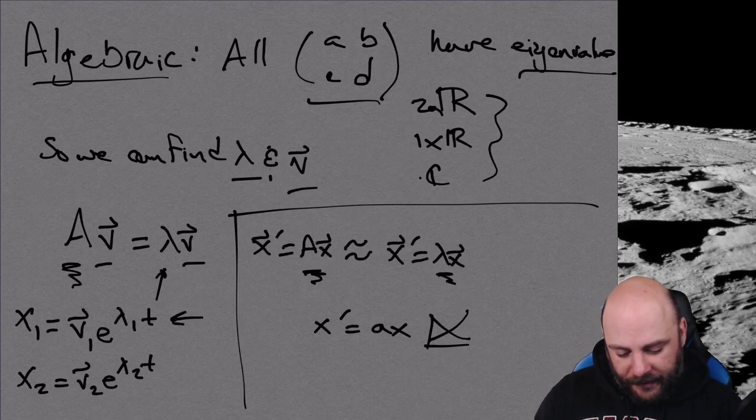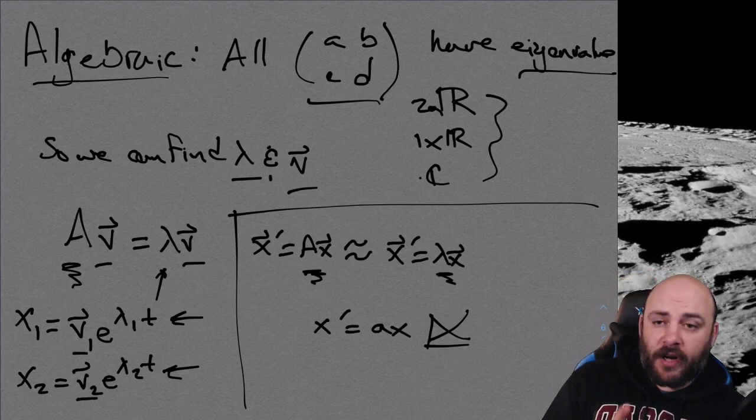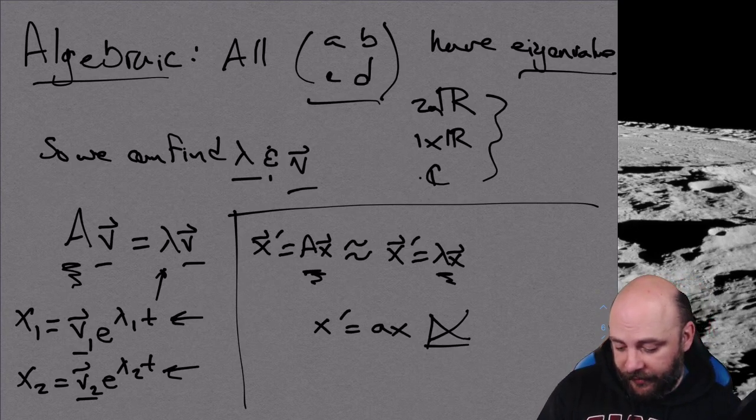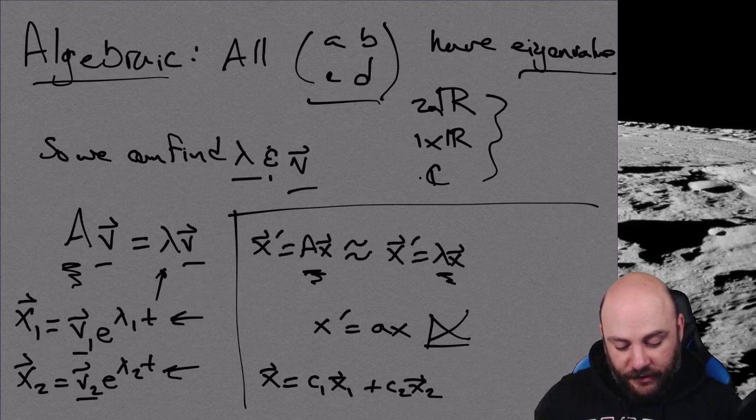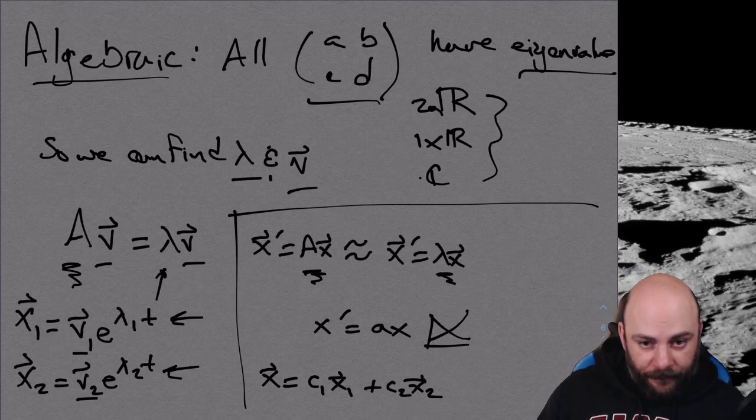But basically, we can find 2 separate solutions. And since v1 and v2, these eigenvectors, are by construction independent from one another, that means these solutions are independent from one another. And so I can write a general solution as c1 x1 of t plus c2 x2 of t. And then you have a general solution for your equations.